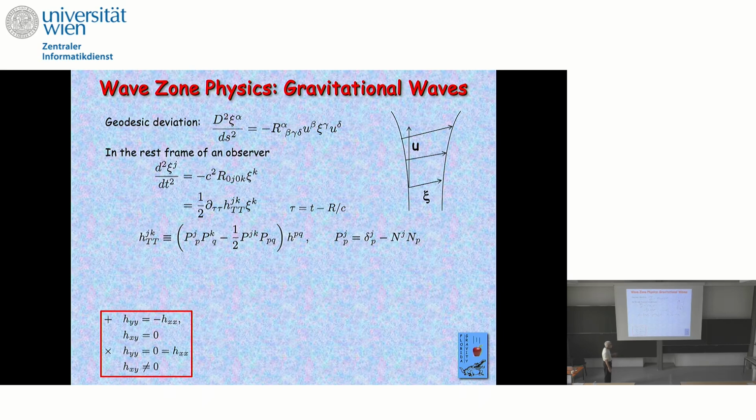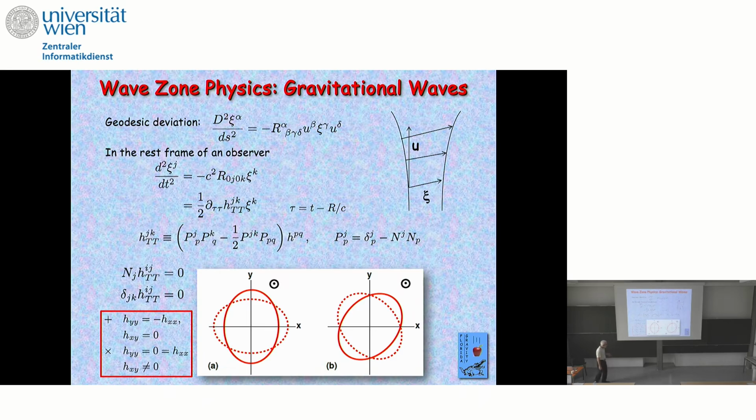And so it's useful to describe the following picture where, so here this HTT is perpendicular to the radial direction and it has 0 trace. That should be an IJ, HIJ. So if the source is coming from the Z direction, all we care about then is the XY plane. There are only two independent possibilities for this TT field in that case.